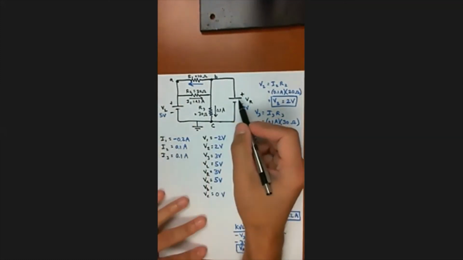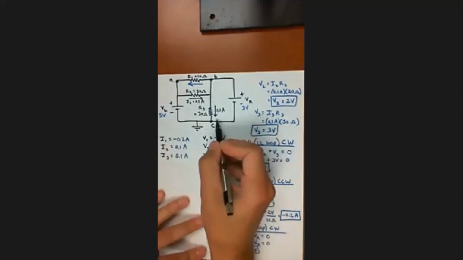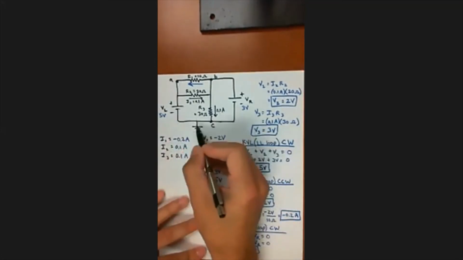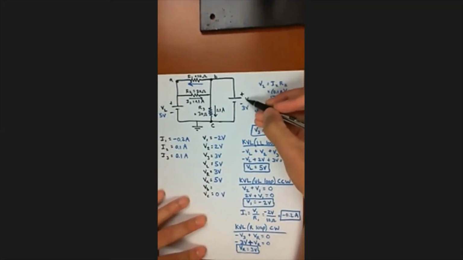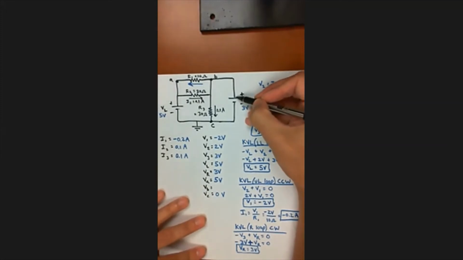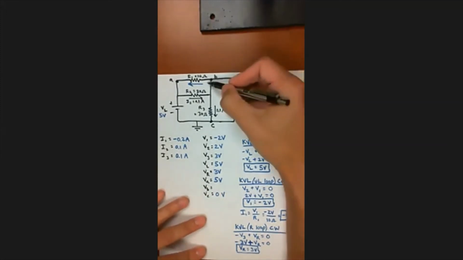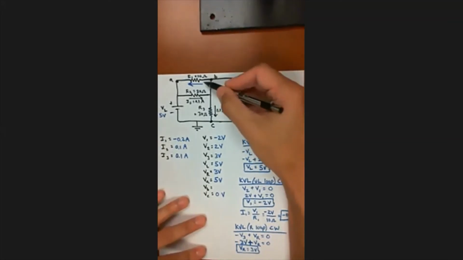So just like before, I know this is all connected, so this is all at 0 volts. And from here to here, I gain whatever this voltage source was, which is 3 volts. So from here to here, I gain 3 volts. So I have the same voltage for this whole section because there's no load between this section up here.